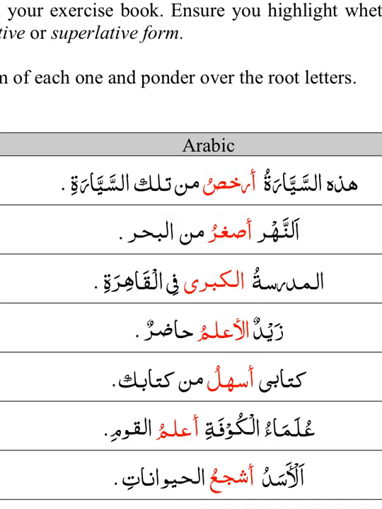We are going to analyze the main parts of this sentence, which are هذه السيارة. This is the mubtada, the subject. So I'll just put an S here, the subject, the mubtada. And this part of the sentence, which has been underlined in blue, is the predicate, the khabar.